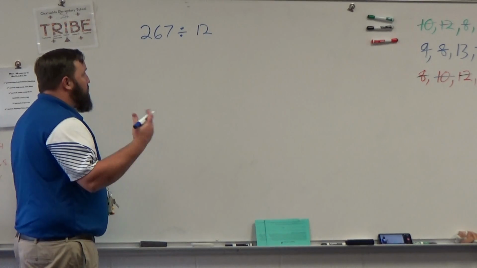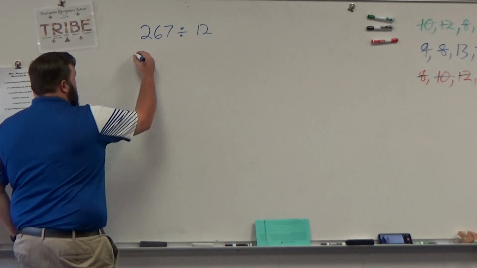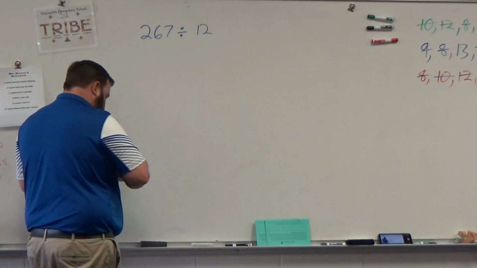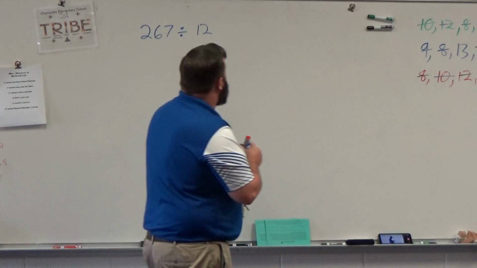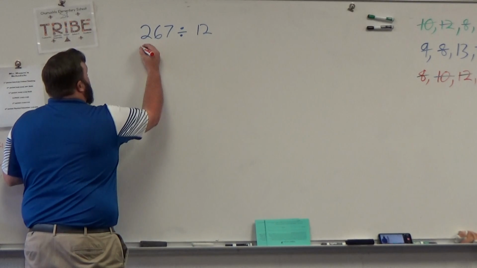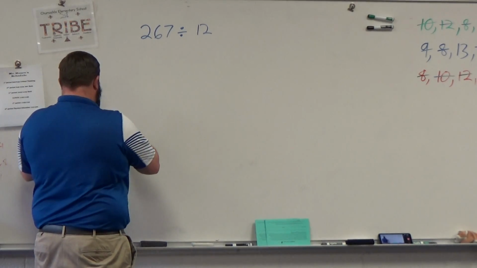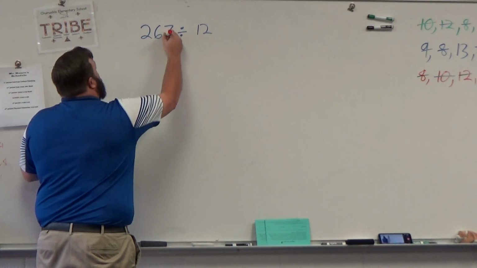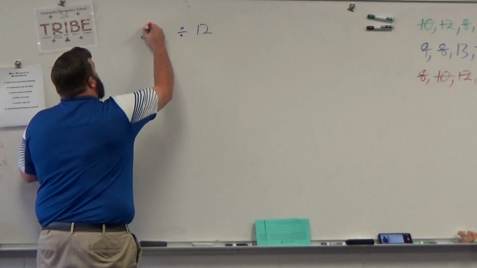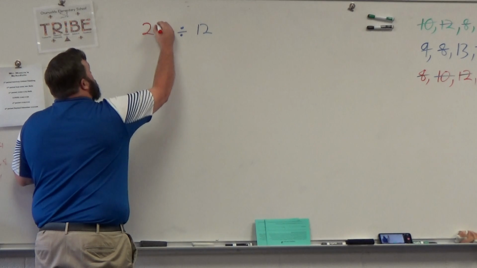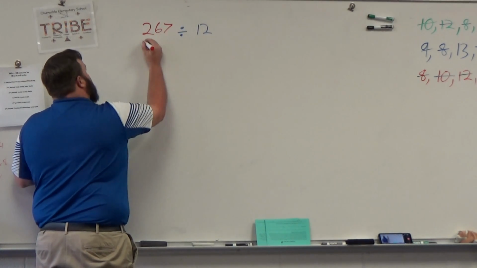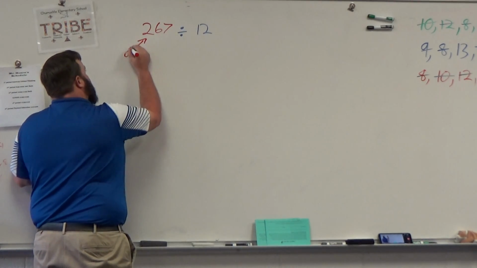Alright, now remember when we're doing this, this number right here, we'll write the whole number in red. So let's write 267 in red. 267 is our dividend.